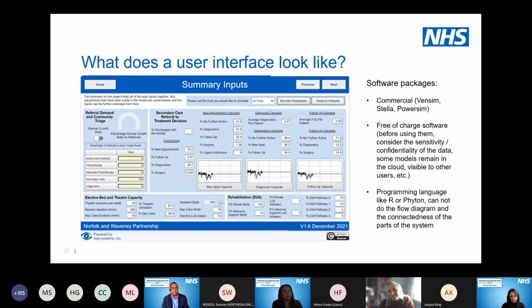You want to be able to see patients flowing through the pathway. And if you use R or Python to get those figures, you are not going to be able to have those visuals in there. Yeah, next slide.